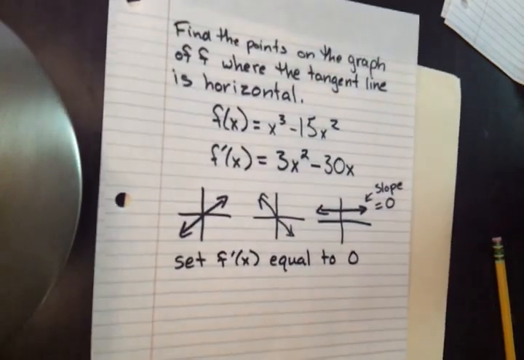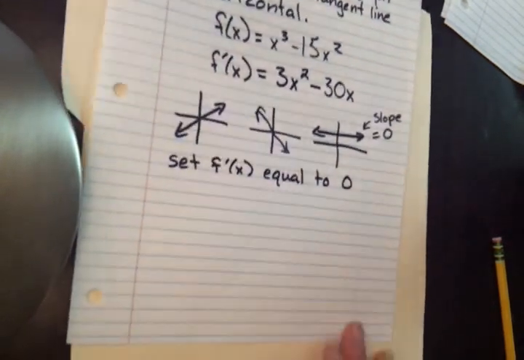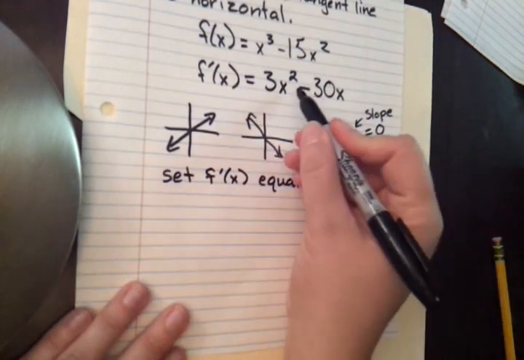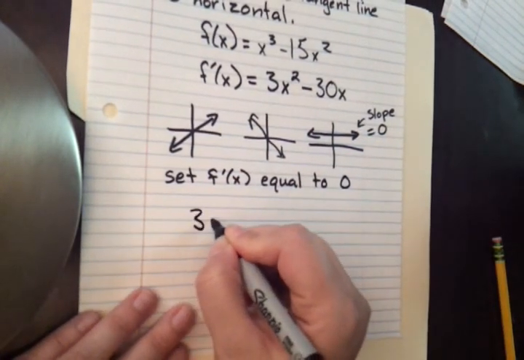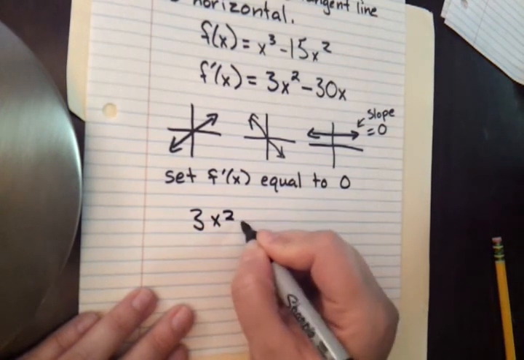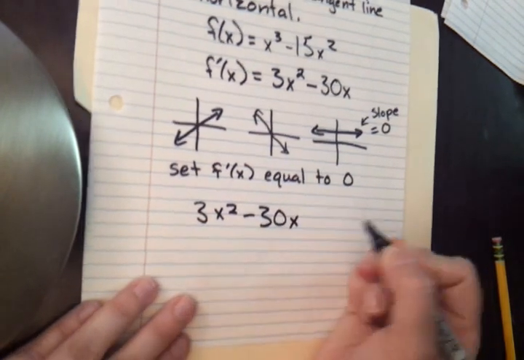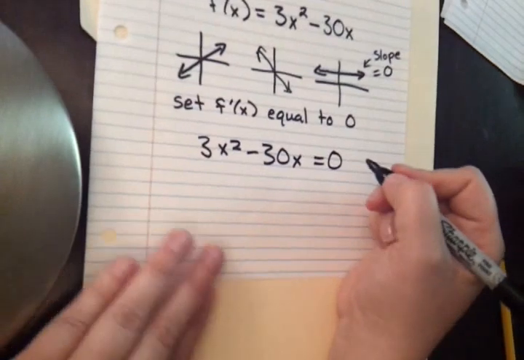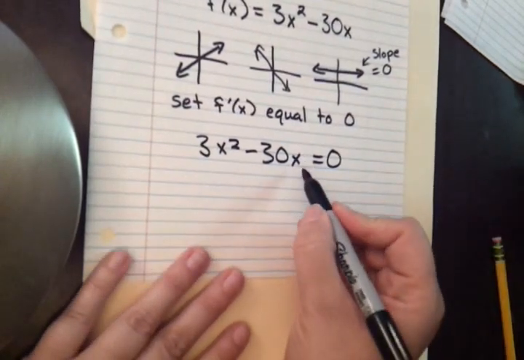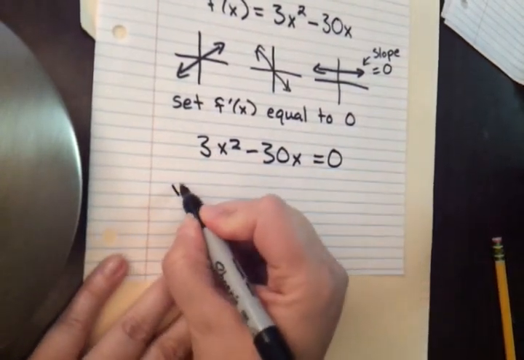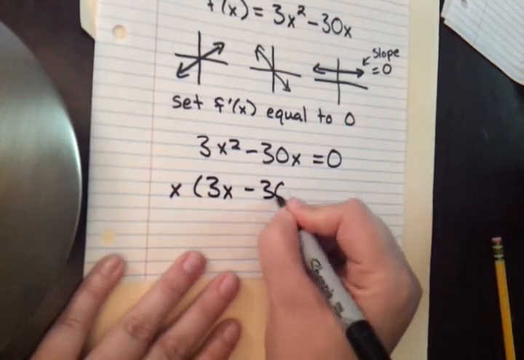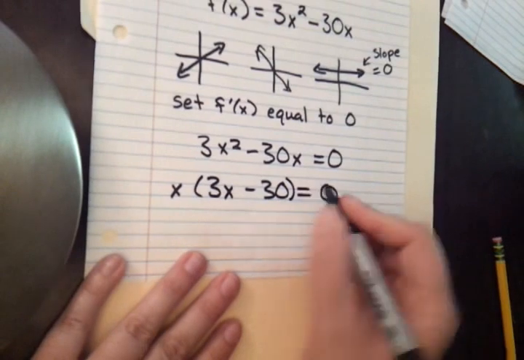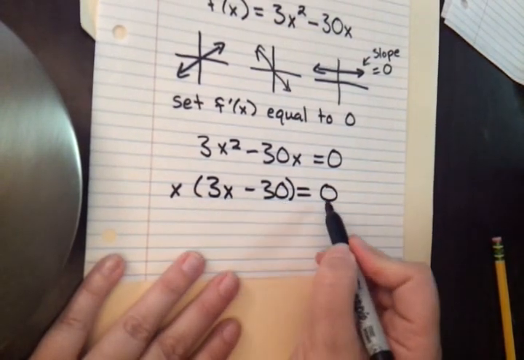And then we're going to solve. We'll solve for x, and we should get 2 values because we've got 2 powers of x here. So we will do 3x squared minus 30x equals 0. And when we solve that, I think the easiest way is going to be to factor out an x. So I'm going to take one of the x's out. That's going to leave me with x times 3x minus 30 equals 0.